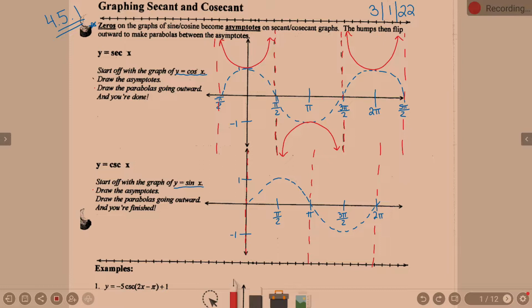What's going to happen between 0 and 1 pi? My hill's going to flip up, right? And so I'm going to have a parabola that opens upward. That's going to be between my asymptotes. The bottom of that parabola is above pi over 2 and at a height of 1.